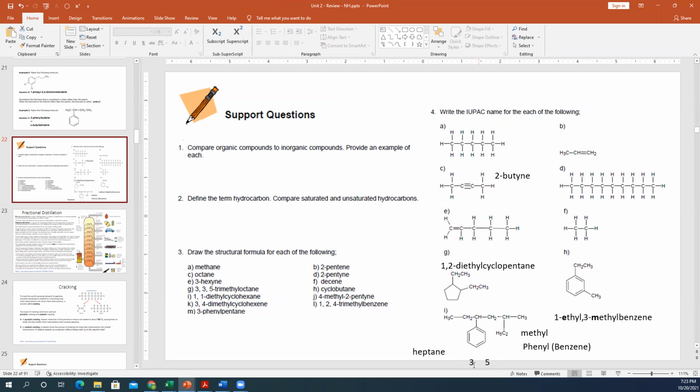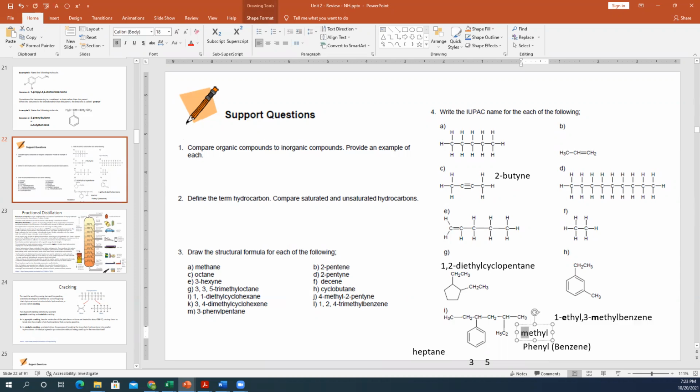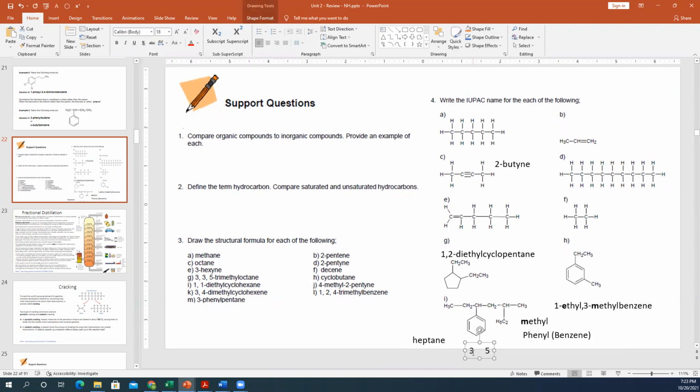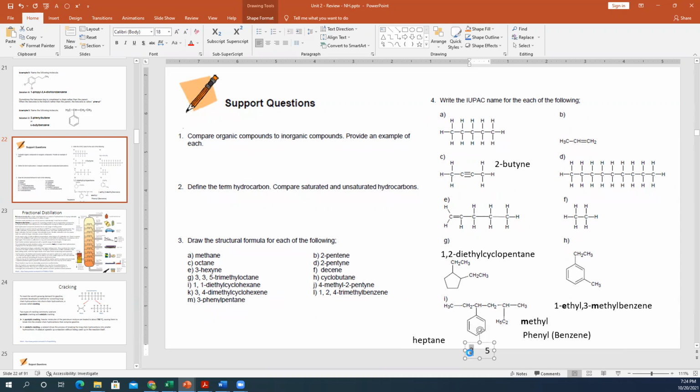It's a tie. So now we just got to decide alphabetically, should methyl be the 3 or should phenyl be the 3? Which one comes before in alphabetic? A, B, C, D, E, F, G, H, I, J, K, L, M, N, O, P. So M comes first alphabetically, right? So 3 goes to M, right?